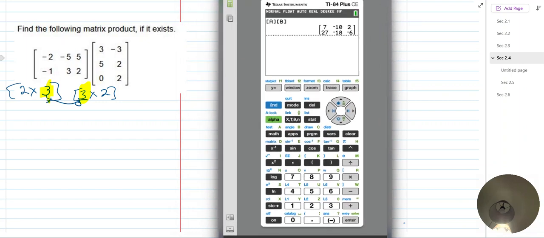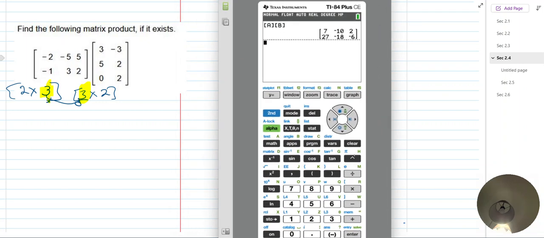Now for starters. There we go. You can see it, hopefully. And we're going to go second matrix. Oops, clear. Second matrix. And we're going to edit. And we're doing a 2 by 3. We're going to enter a negative 2, a negative 5, a 5, a negative 1, a 3, and a 2.